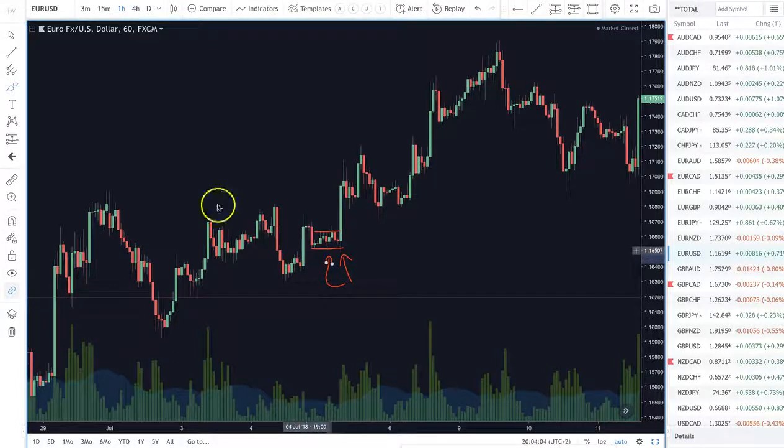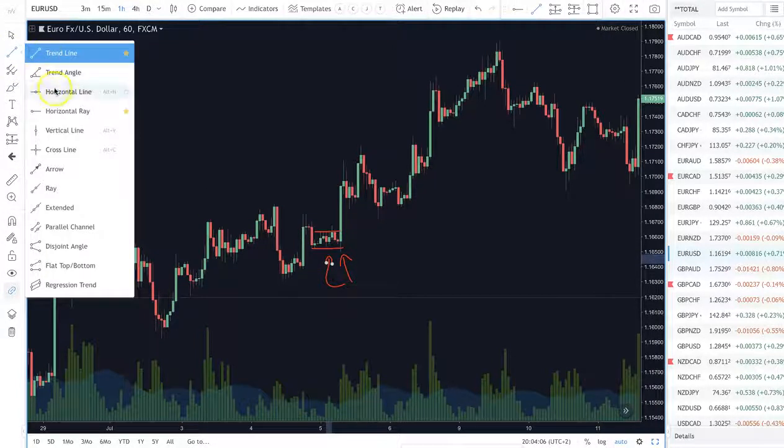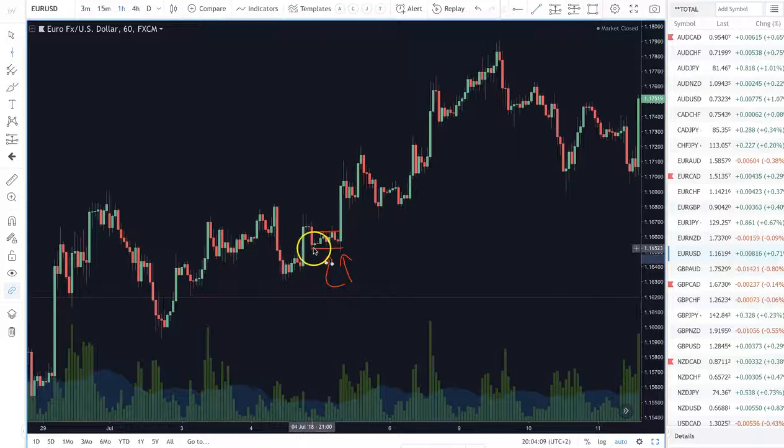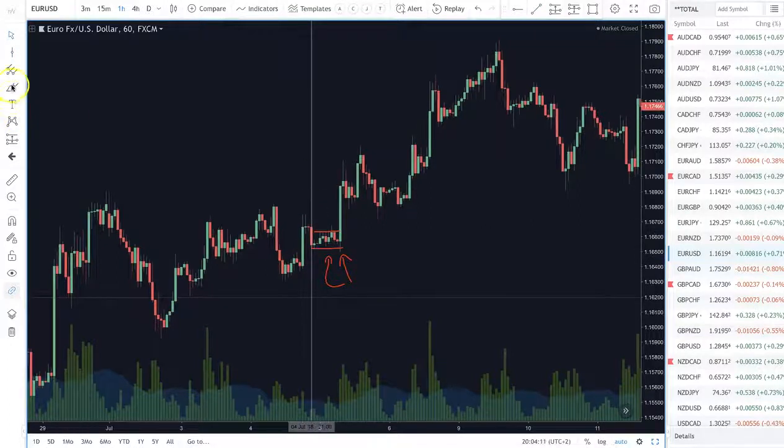So let's take the lines down, right there and right there. You can get an idea of that's the volume of the congestion. And then as we break out and start to make higher highs, look at the increase in volume. Now, I am not interested in just one little candle.